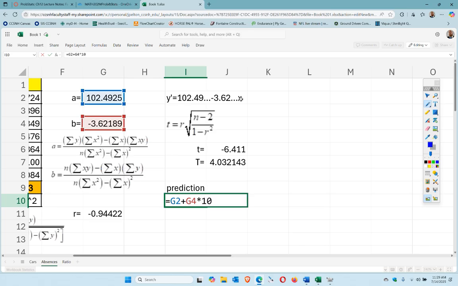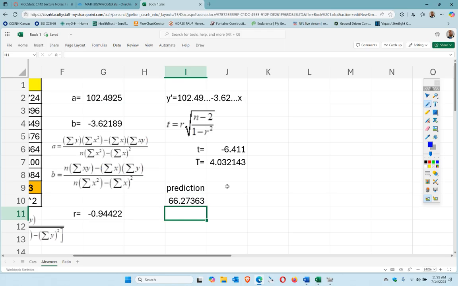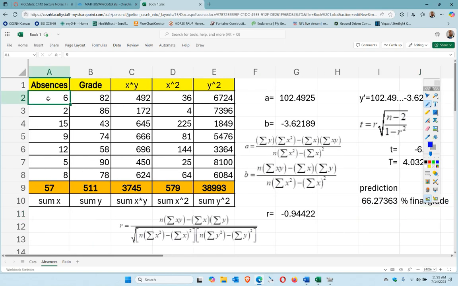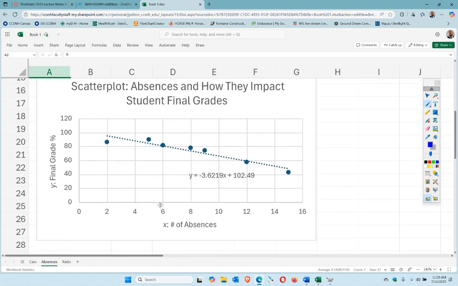So x is the input, which is 10 here. So that is your final grade percent, I believe, right? And is 10 within the range? Yeah, 10's within that range. So that's a valid prediction. If I look at my graph, 10 absences, I go up to there, it's 60 something, right? That's about where it is. Does that kind of make sense?